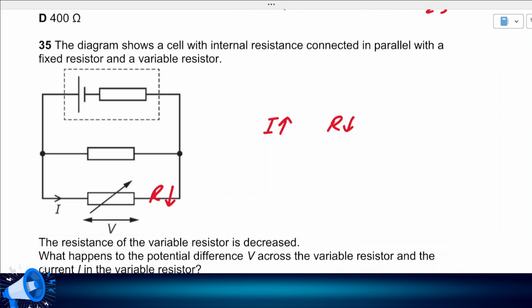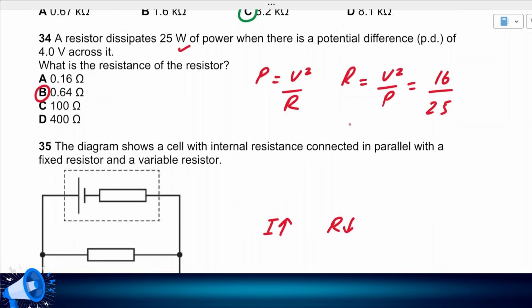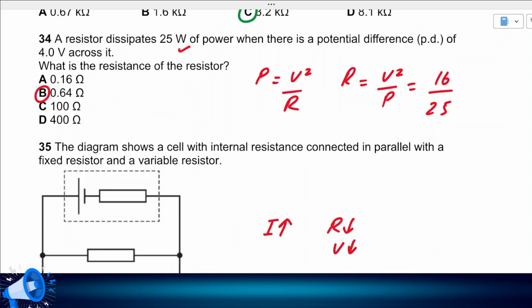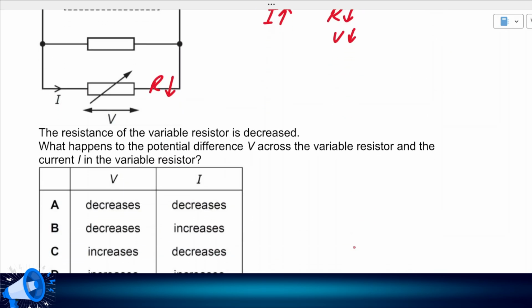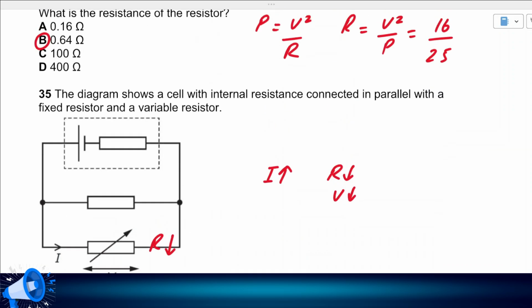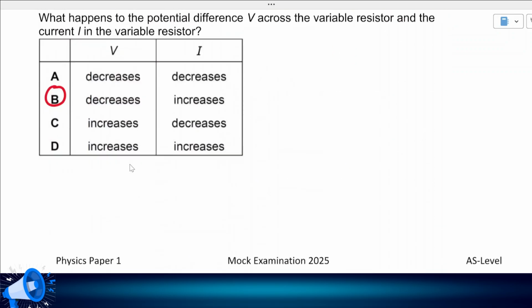So voltage decreases, current increases. Yeah, pretty straightforward.